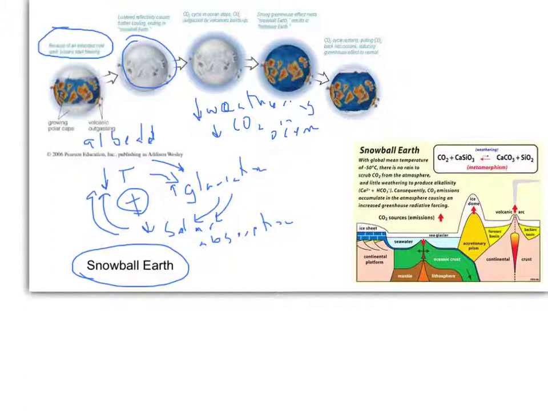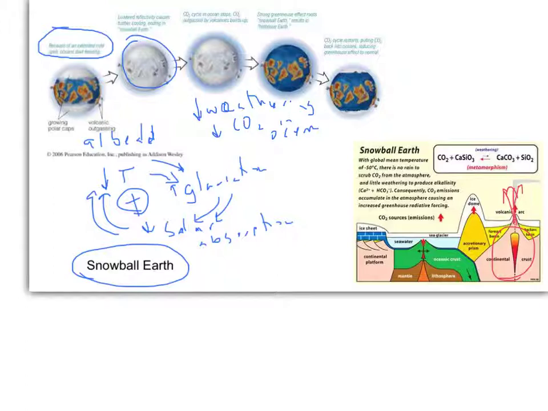Meanwhile, volcanoes are going to be cranking along as they normally do, and you're going to have volcanic eruptions large enough for the outgassed carbon dioxide to be released up into the atmosphere through the ice sheet that's covering the planet.